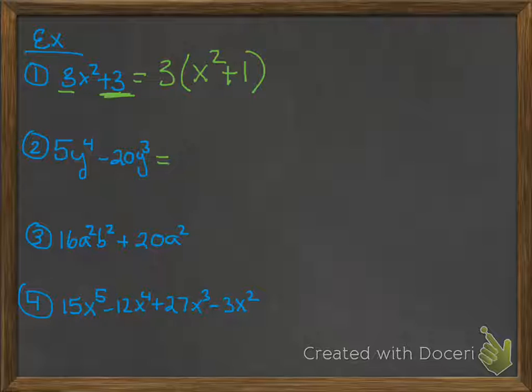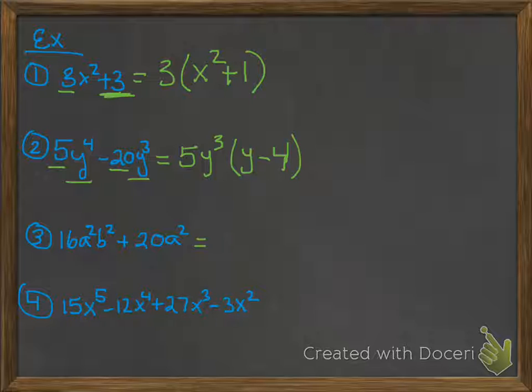This next one, they both have the 5 in common, so I can take a 5 out. And they both have at least y cubed, so I'm going to take y cubed out. So in the first one, I'm left with just y minus 20 divided by 5 is 4. And I took out all the y's because I took out a y cubed. So that's our final answer.